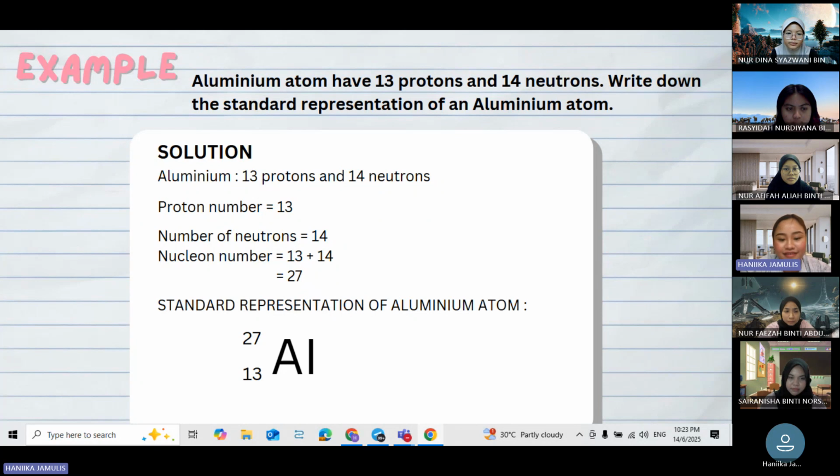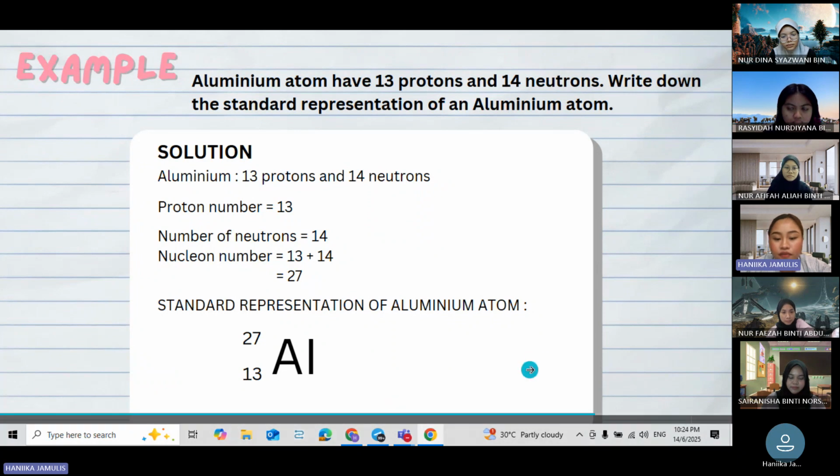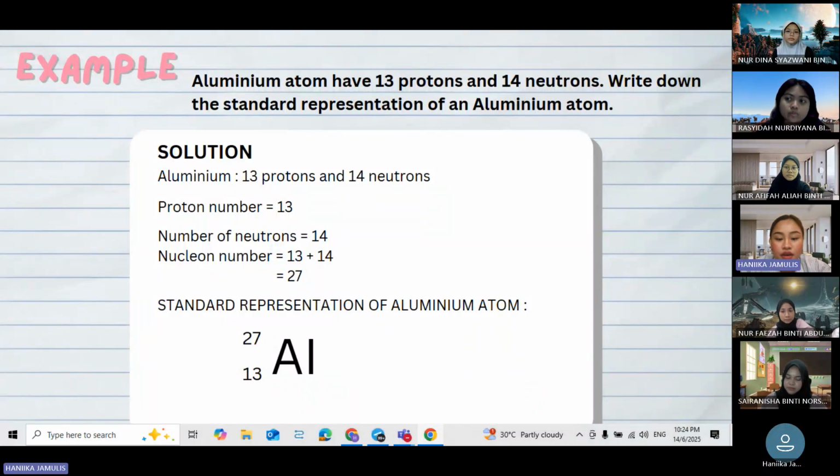Ta-da! Okay. And that is how to write the correct format for the standard representation of aluminium atom. Okay, before we try to answer questions on your own, does anyone have a question? No, teacher. Okay, good.